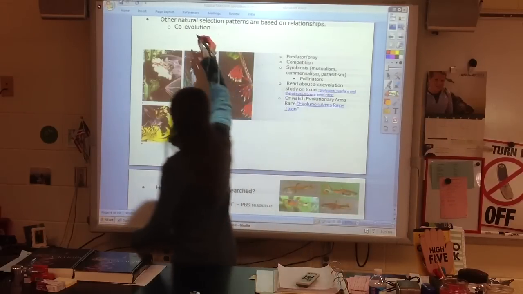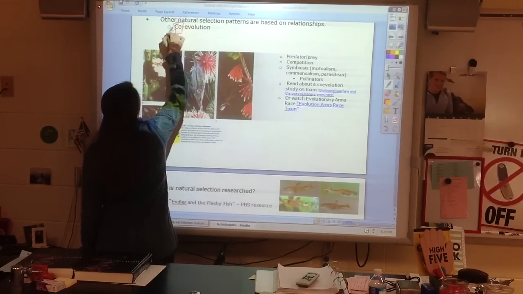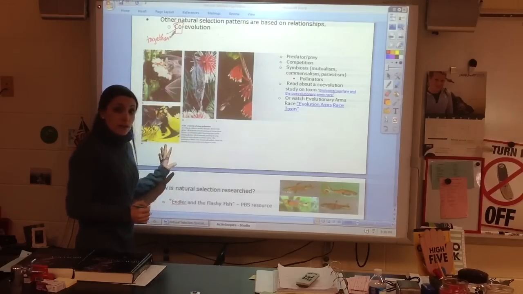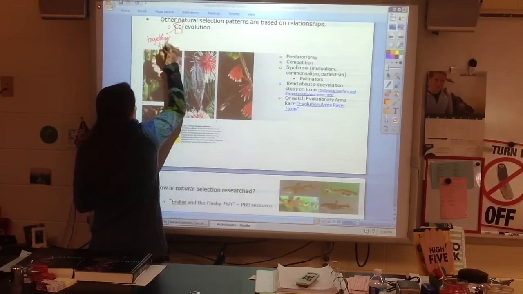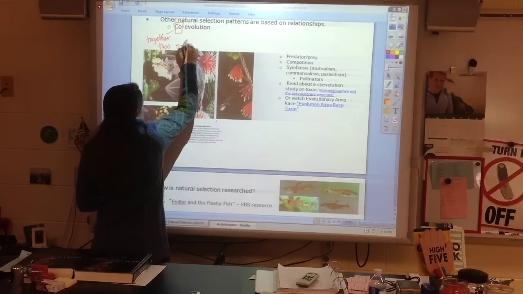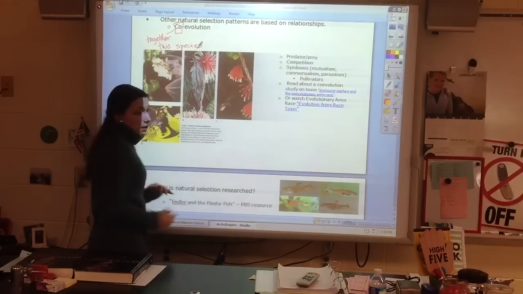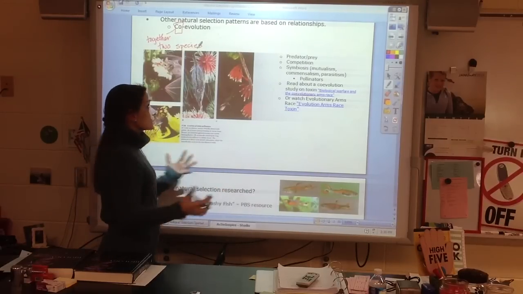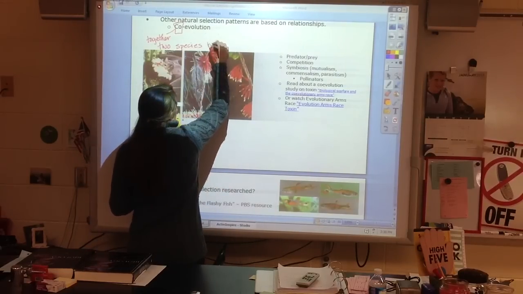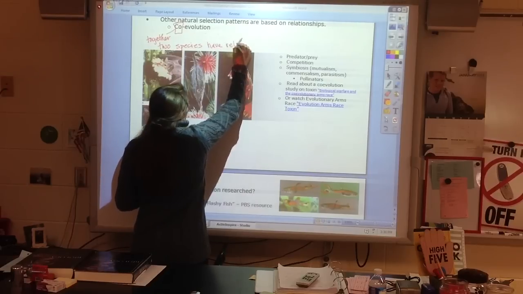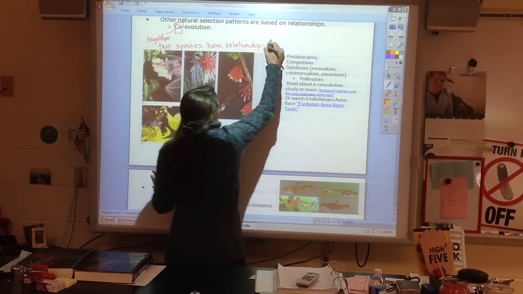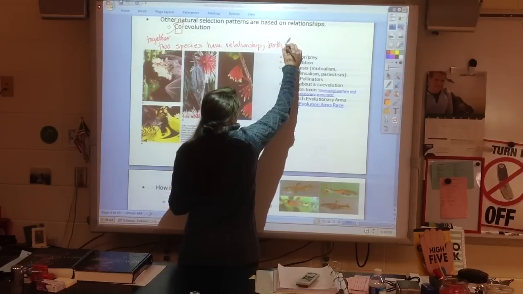And co, the prefix, like codominant, means together. And so coevolution is where two separate species, so we're not talking about a cardinal and a cardinal, we're talking about two separate species, have a relationship and both will impact each other.